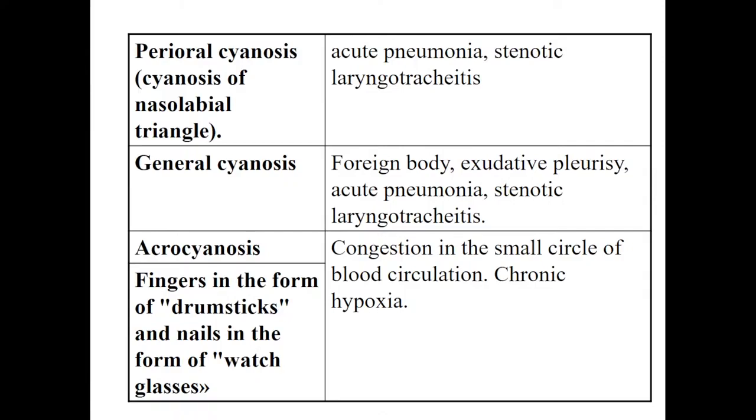We will examine the skin color that children with lung pathology can have. Perioral cyanosis, cyanosis of the nasolabial triangle, is typical of acute pneumonia and stenotic laryngotracheitis.